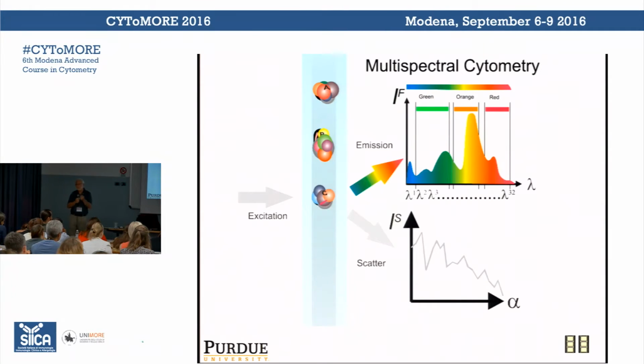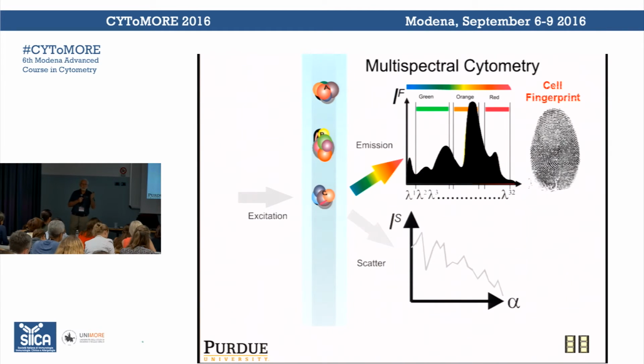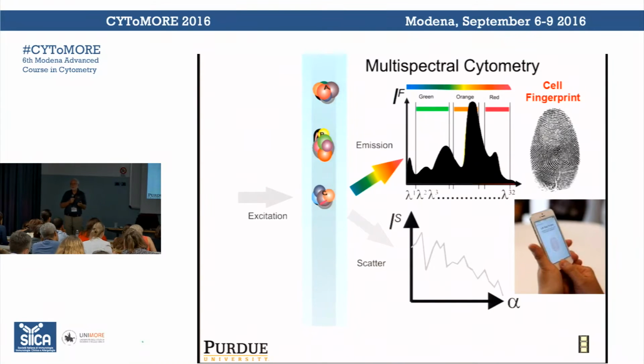Now, in multispectral cytometry, there's a different approach. Here's the same diagram, exactly the same diagram. What we do, however, is we don't look at a narrow window or a small window. We actually look at a lot of windows, and we create what we call a fingerprint. It's almost identical to the way your cell phone works when you put your finger on it.